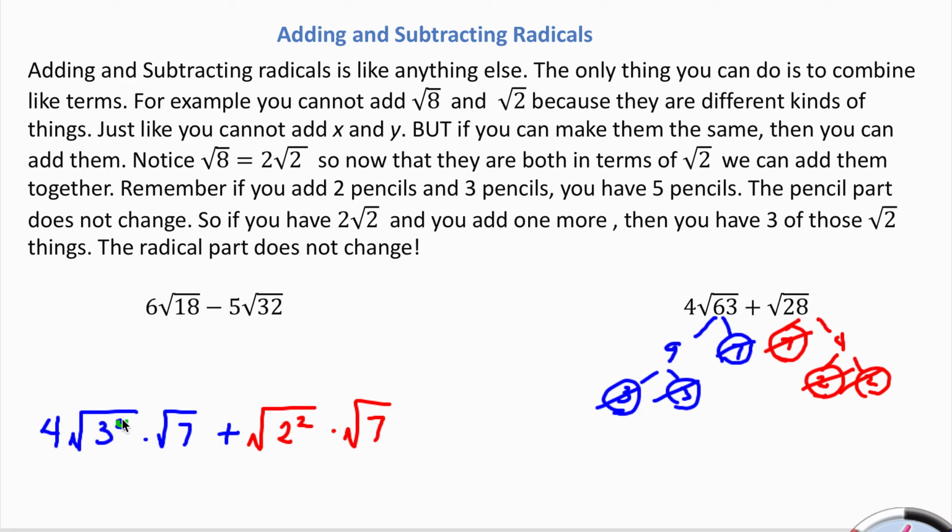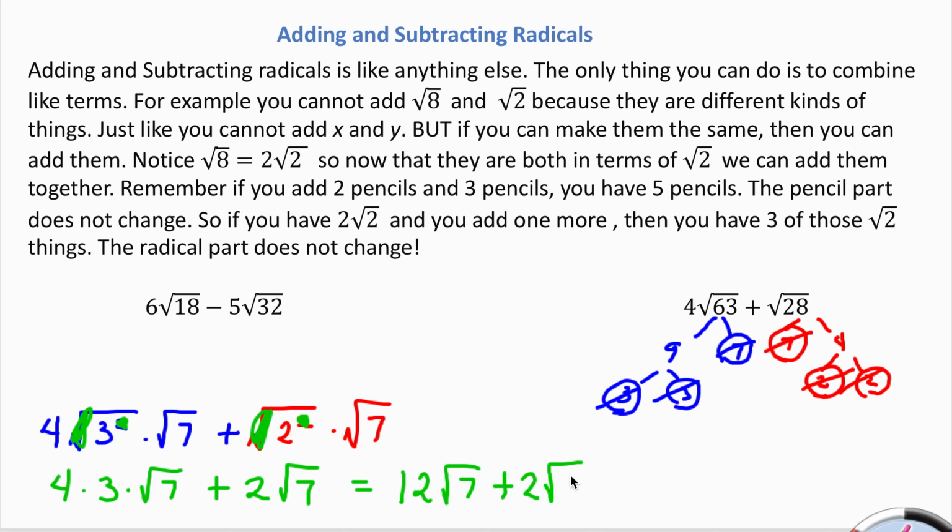Okay, so this cancels that and leaves 4 times 3, but that just has to stay under because I don't have an exponent on it. This one does though, so it gets to cancel and just the 2 comes out. Okay, these are just 4 and 3, no radicals on them anymore, so that's 12 square roots of 7 plus 2 square roots of 7.